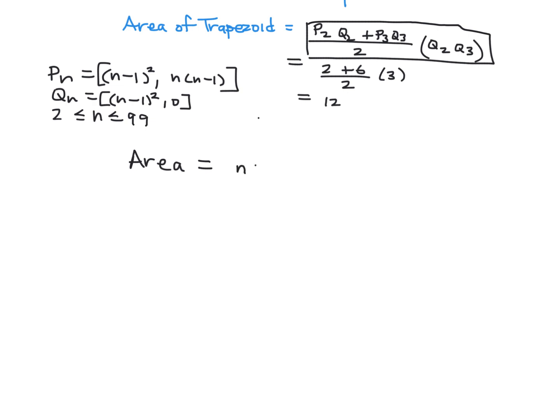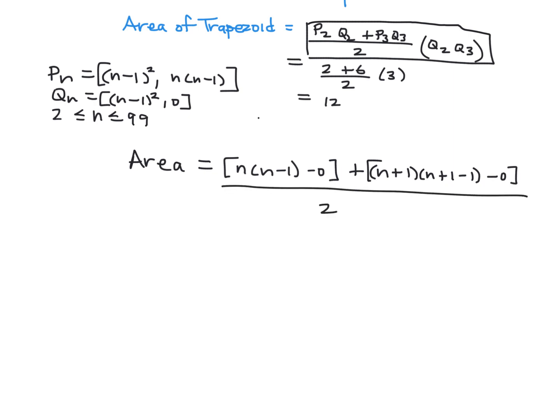So it's going to be (n times n minus 1 minus 0 plus n plus 1 times n plus 1 minus 1 minus 0) all over 2. Oh, I ran out of space here. Multiply that by Q2 to Q3, so that's going to be (n plus 1 minus 1) squared minus (n minus 1) squared.